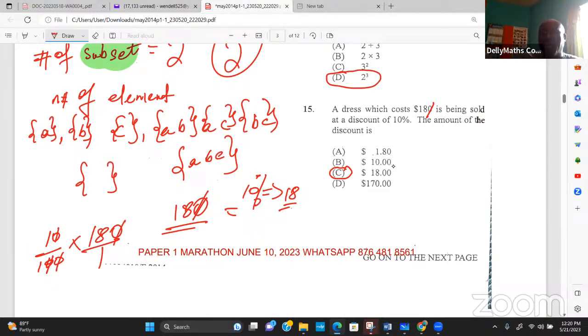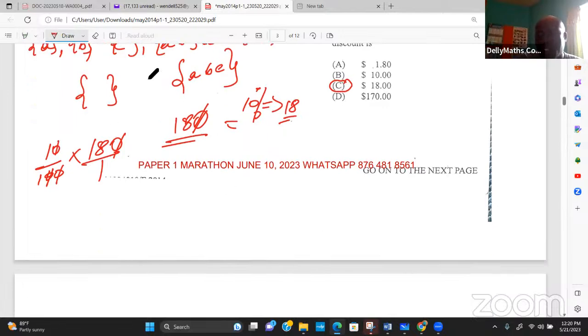So for multiple choice, we want to grab these little skills to maximize our time. 10% of anything is to drop that zero off at the back, or move the decimal point one place to the left, and you will get 10% right there. Up to you, but you have various ways to choose, right? Let's continue pressing.